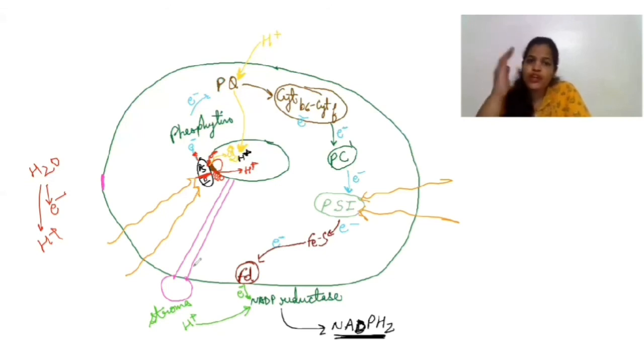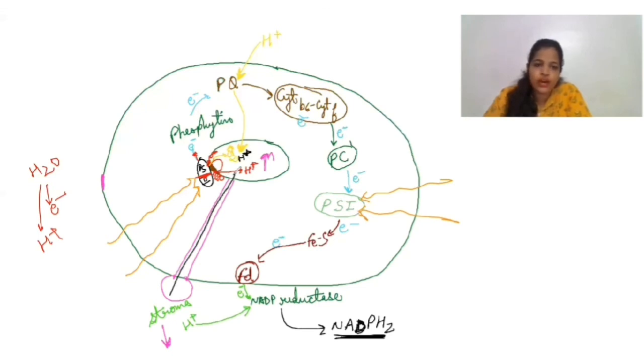So now lumen and stroma do some trading, and the stroma says, I will give you energy, you give me protons. So protons will move from their high concentration to their low concentration, that is from the lumen of the thylakoid to the stroma.